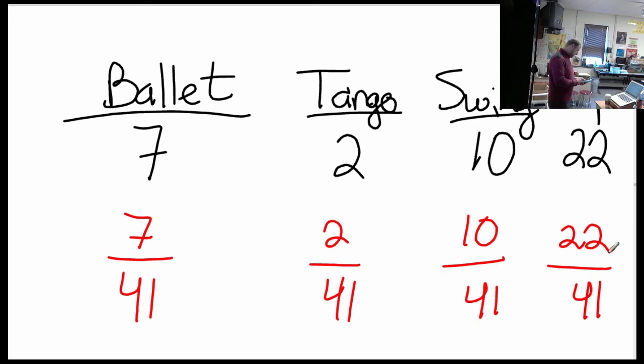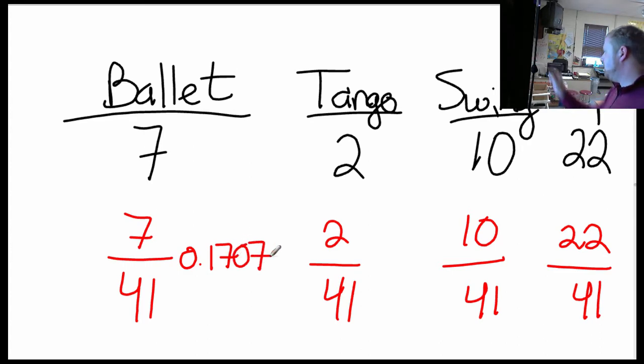Okay? So 7 divided by 41 is 0.170731707. But we're going to round to 2 places past the decimal. Times by 100. It's 17, we'll say 17.1%. Okay, so this is 0.17, which is roughly 17.1%.